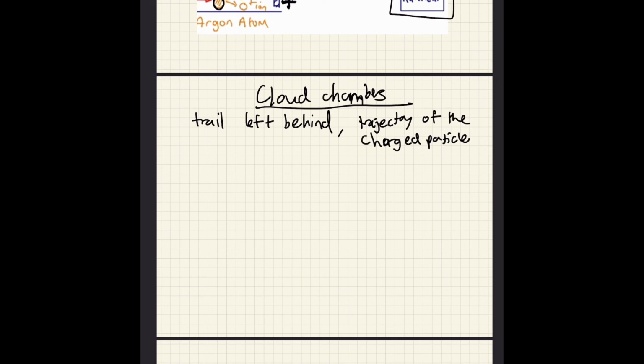Now, these molecules around it are polar. This particle is usually surrounded by a fluid, and the molecules in the fluid are polar. What that means is one side is positive, one side is negative. And so they are attracted to the ion, the charged particle, and they come close together.